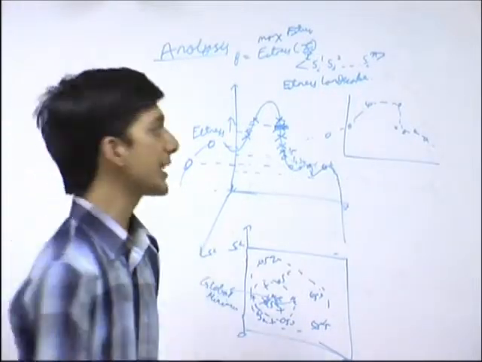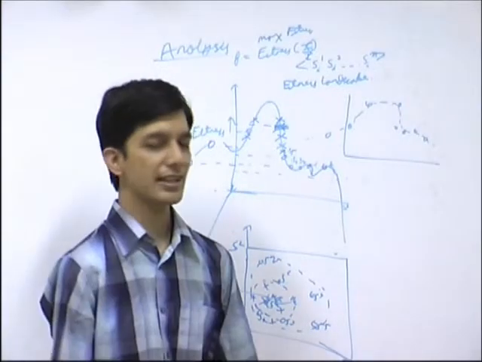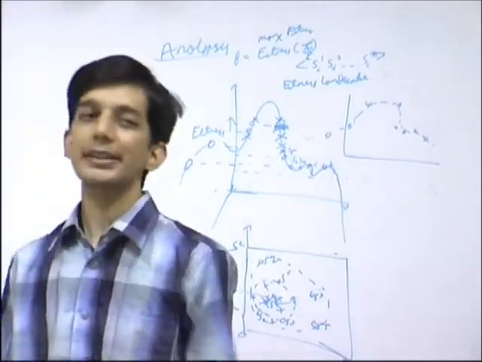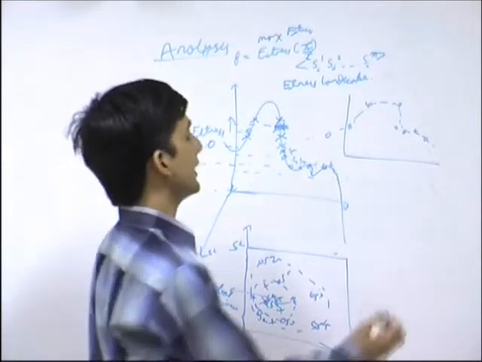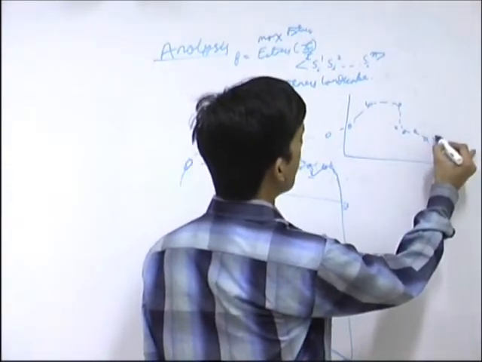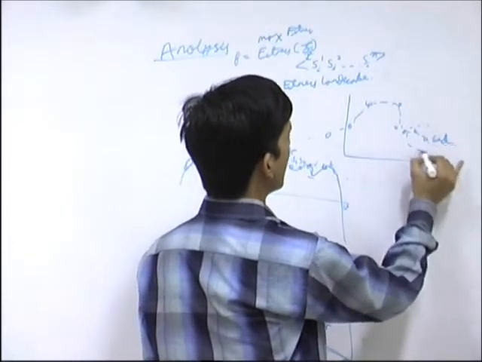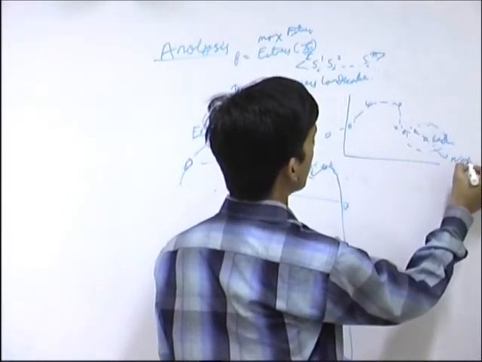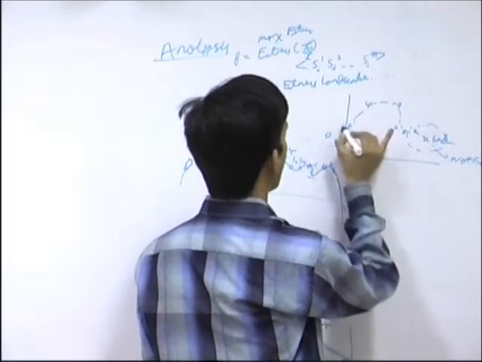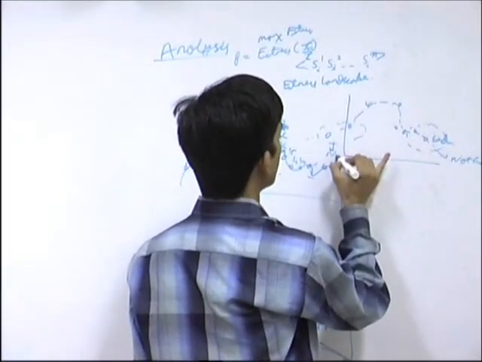What it does next is that it assumes that for the individuals having bad fitness value, this entire region is not good. So this entire region is not good.